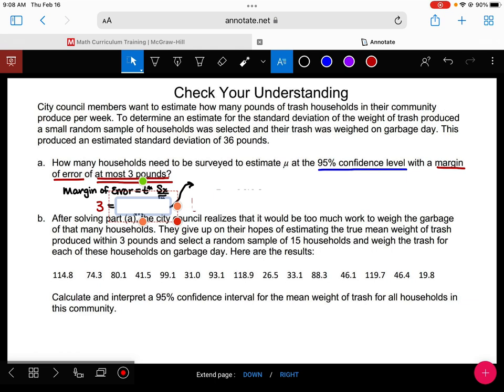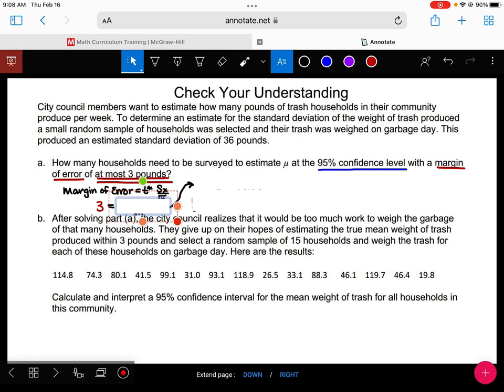Any idea what T star we should use? Can we figure out our degrees of freedom? No. Here we go, estimated standard deviation of 36 pounds, but we're trying to figure out how many households we should survey. So we're trying to find n. Don't I need to know n to figure out my T star, my degrees of freedom?